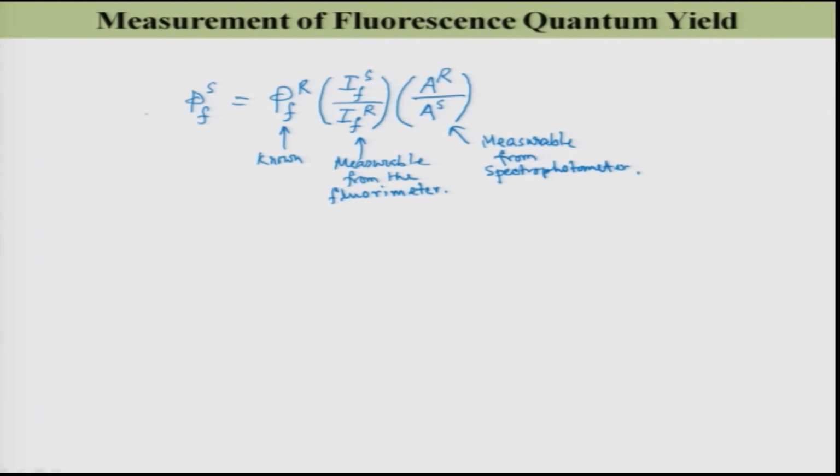So, what you are going to get is the fluorescence quantum yield of your sample.